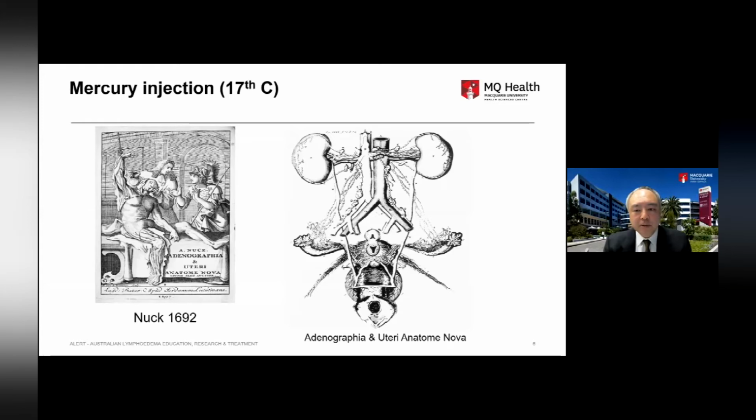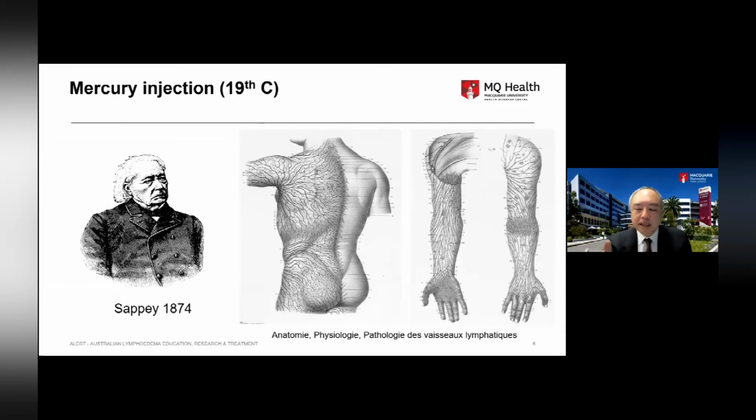One of the famous diagrams of the lymphatics was made by the anatomy professor at the University of Paris, Sappey. His diagram of the trunk lymphatics shows the demarcation between the sagittal midline and the horizontal line of the chest or back, as the vessels go to the actual lymph nodes.